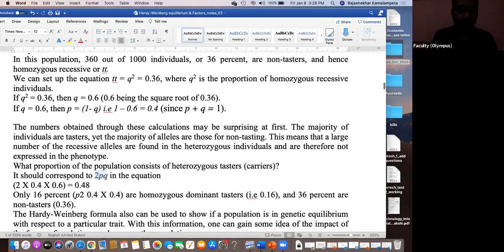This is easy. We already have the p value and q value. So 2 into p into q. So q is 0.6, 0.6 into 0.4, that is 0.24. So 2pq is 2 into 0.4 into 0.6, where 0.4 is the value for p and 0.6 is the value for q. So altogether, this would give rise to 0.48.